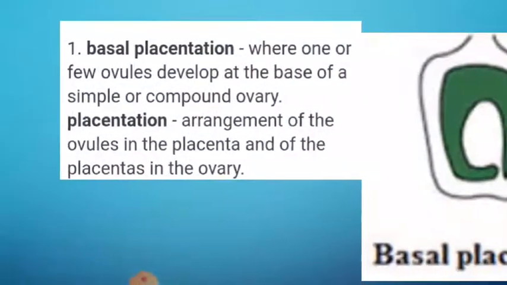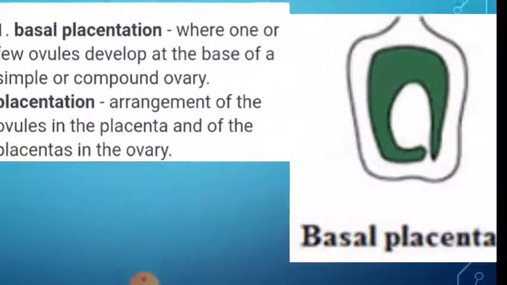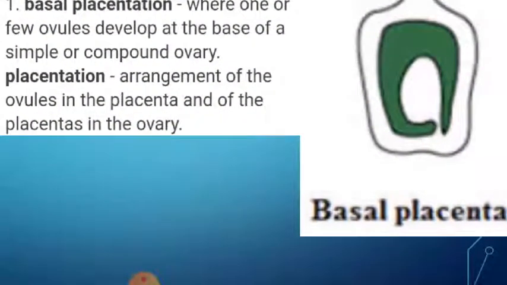Basal placentation is where one or a few ovules develop at the base of a simple or compound ovary. Generally there is a single ovule developed at the base.